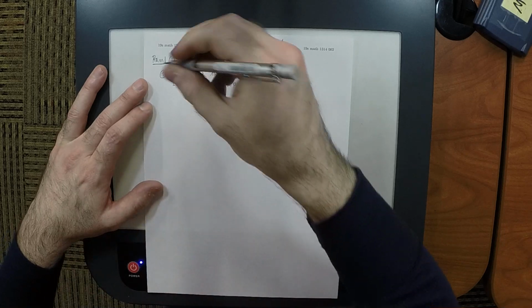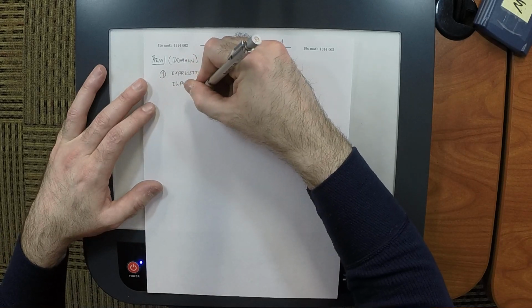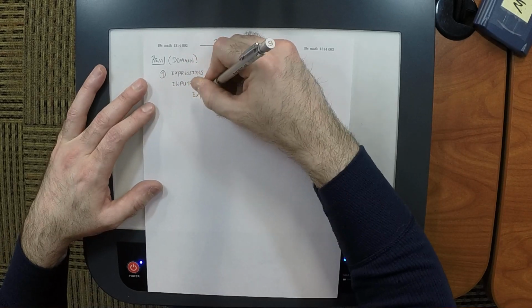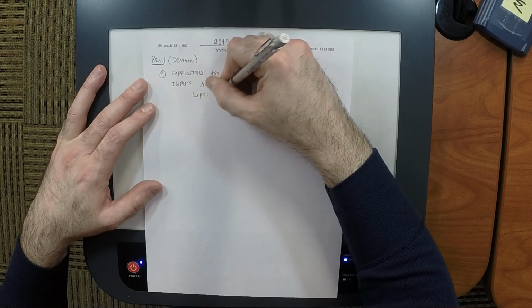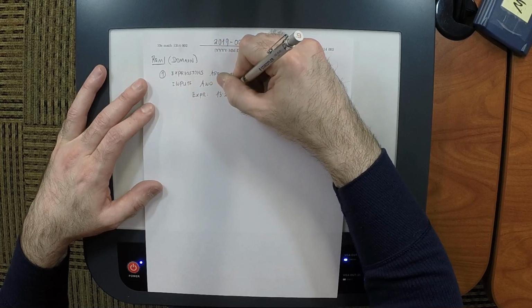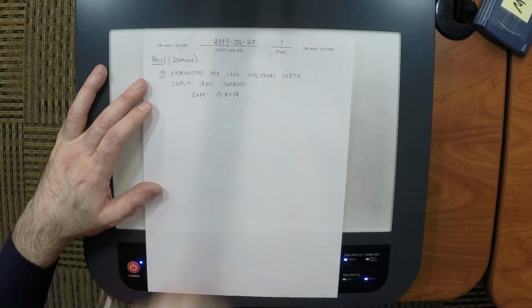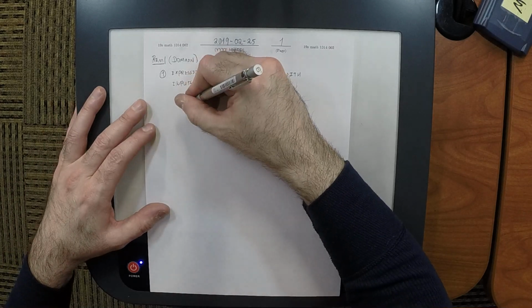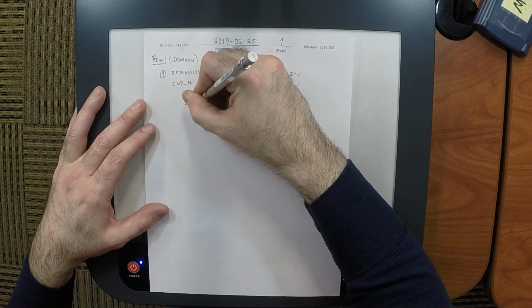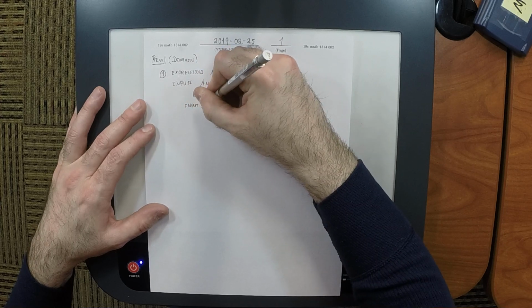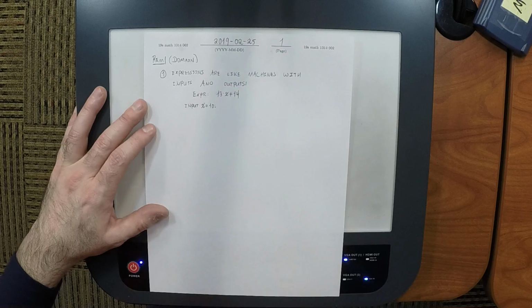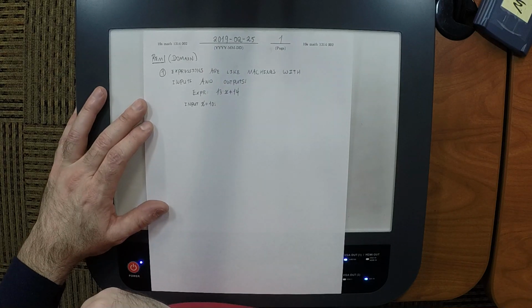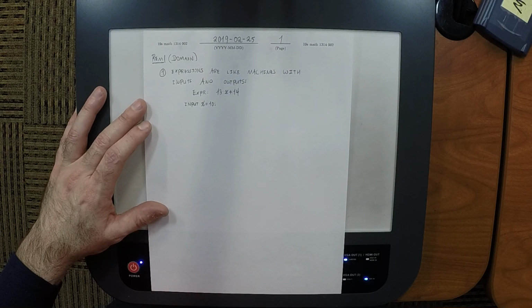So here's an example. Concerning the expression, say 13x plus 14, you could say, well, what if you give it input x equal to 10, say, which is kind of a strange way to say, well, what do you get if you plug in 10?